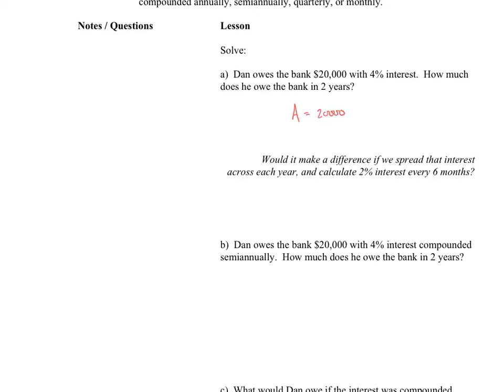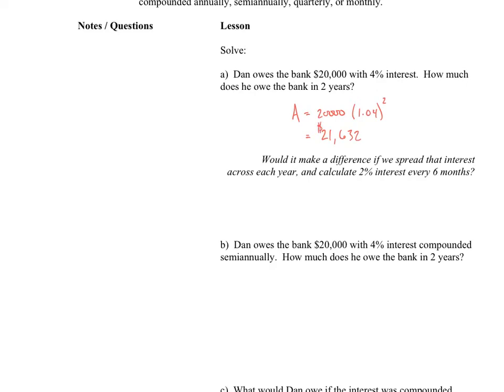That's how much he originally borrowed. And if he's not paying it back, then that amount is going to grow by 4% every year. So in 2 years, what will that end up being? It turns out that after 2 years, if he doesn't pay any of it back, he now owes $21,632. So he owes more because he didn't pay.